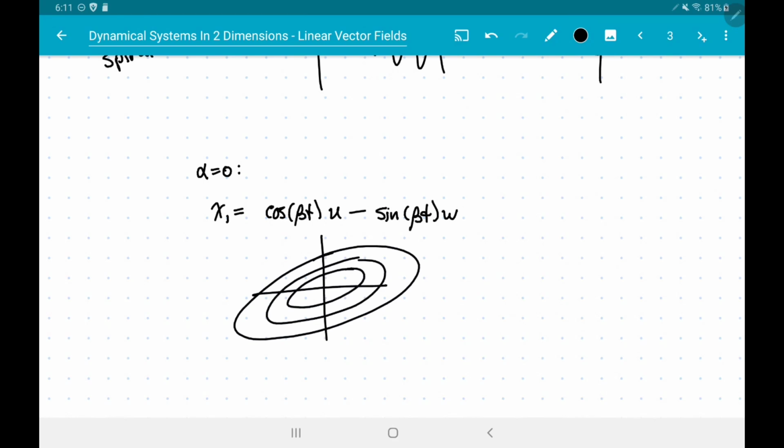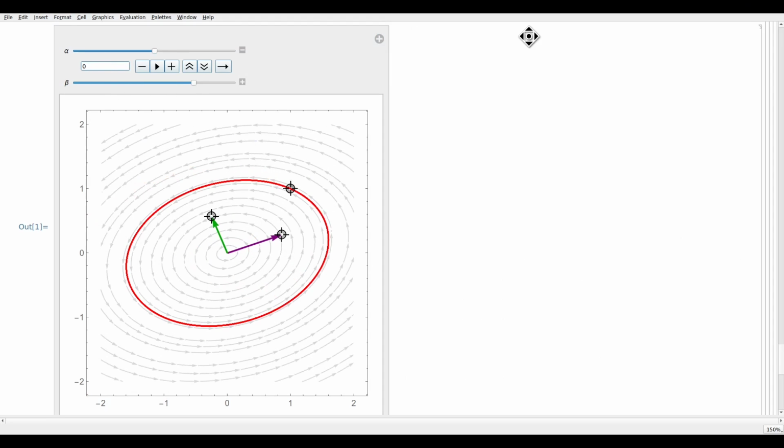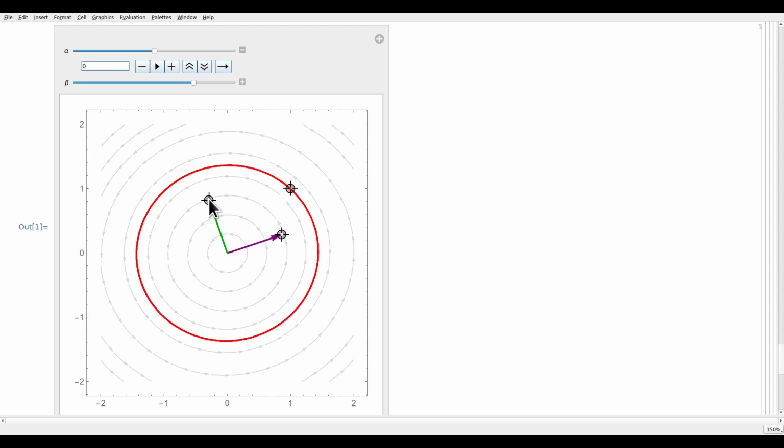And if I go to my numerics here and just make alpha exactly equal to 0, you can see that the solutions actually trace out perfect ellipses. The eigenvectors control how eccentric the ellipse is.